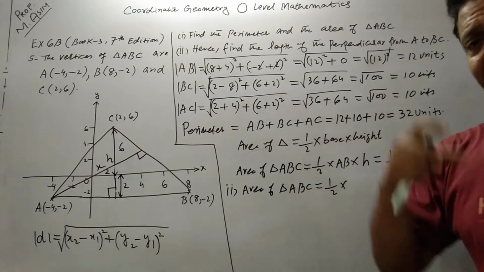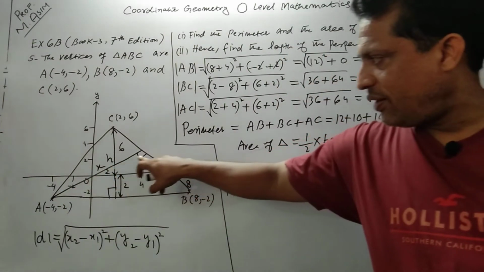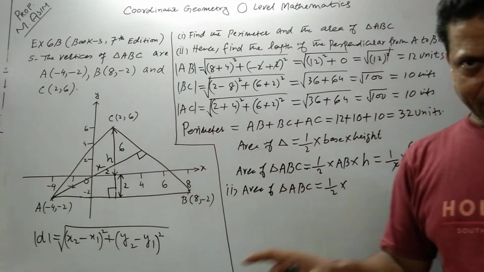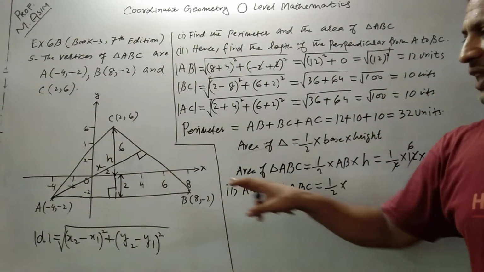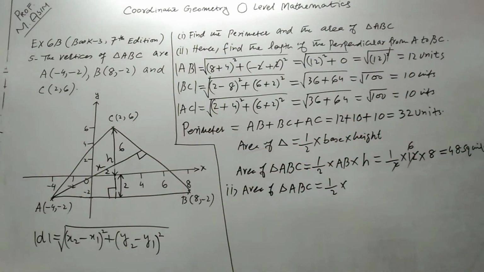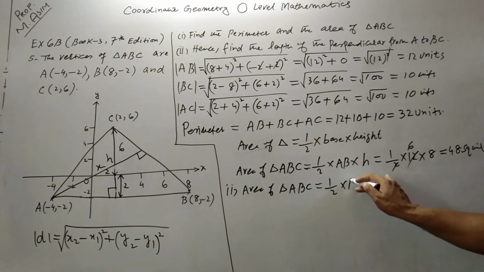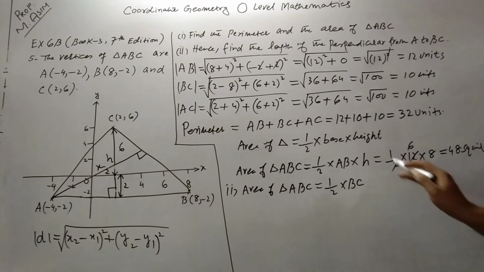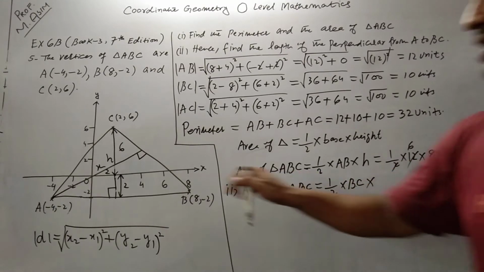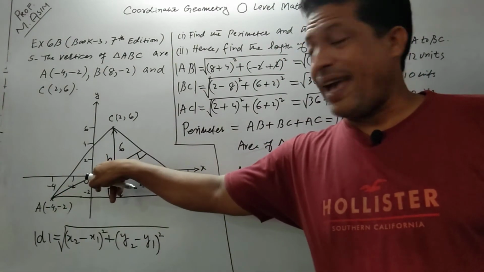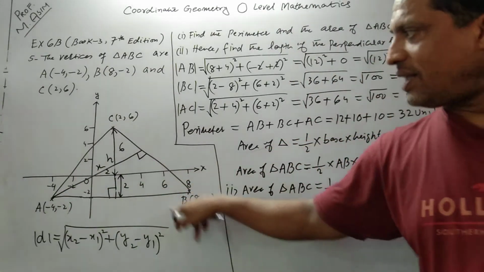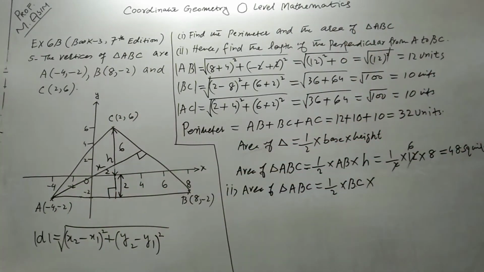But if I take this perpendicular which I named X, we should take the base as BC. Now in this case, half, BC is the base. If BC is the base, then the height should be X. If AB is the base, then height should be H.